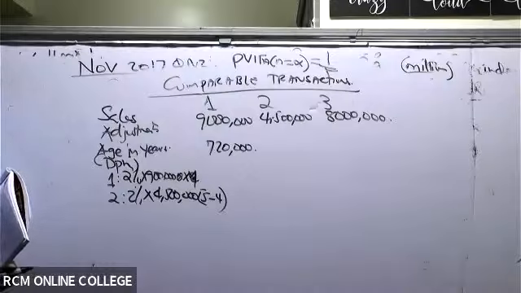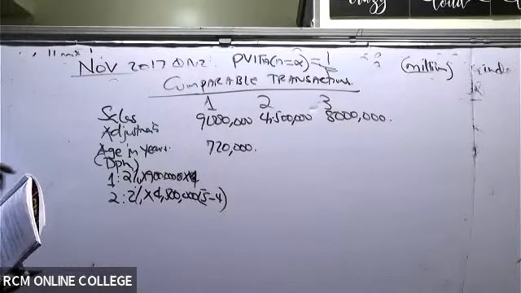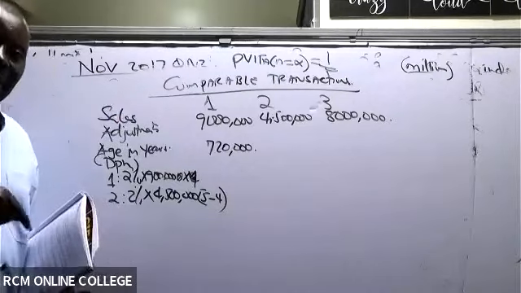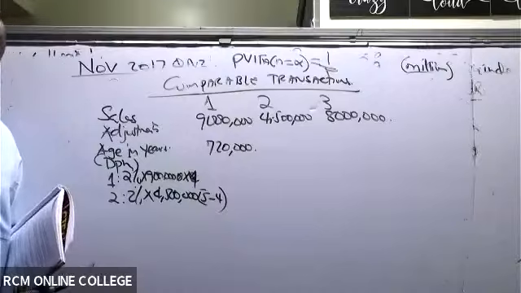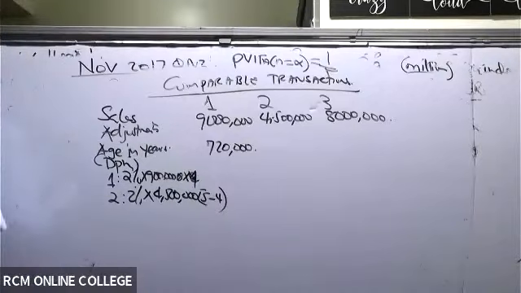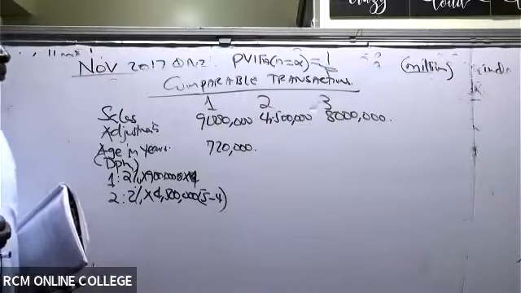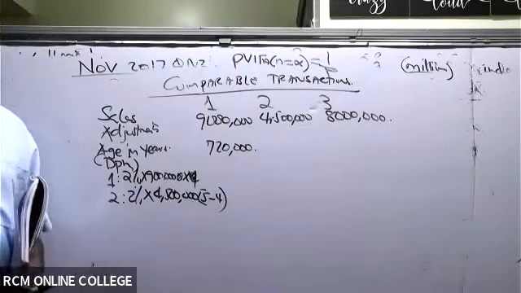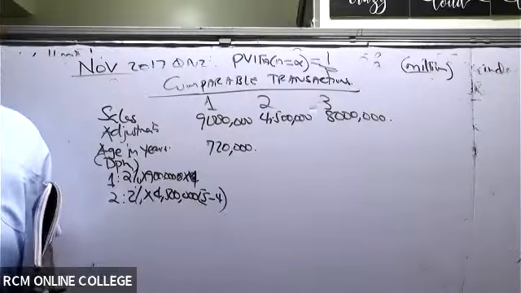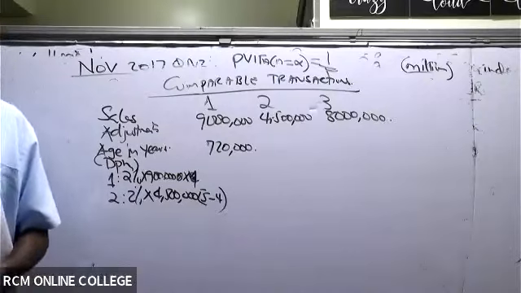Can you first of all give me this figure? 2% of the 4.5 million is per annum, times the age difference, 5 minus 4, that's 1. What figure are we getting here?